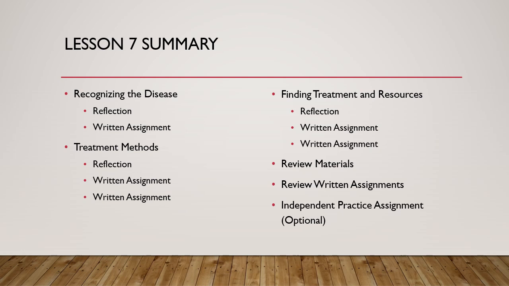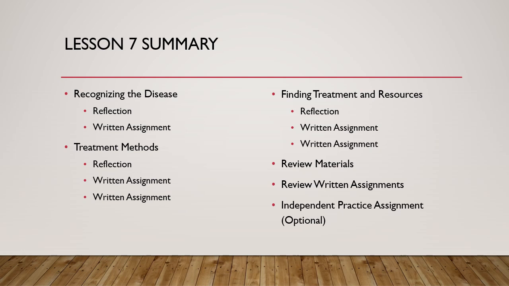We see the summary for lesson number 7. This is what we're going to be covering in just an outline so you know what to expect for this lesson. Our first topic is going to be recognizing the disease. We're going to have a reflection and one written assignment under that topic. Following that, we'll move into treatment methods. There will be a reflection and 2 written assignments for that topic.